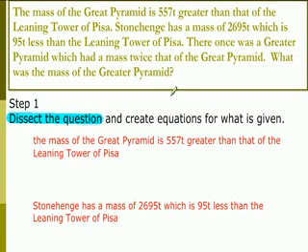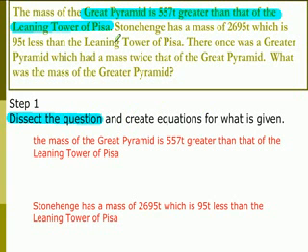Now, what we know is that the Great Pyramid is 557 t greater than that of the Leaning Tower of Pisa. So if the Great Pyramid is 557 t greater than the Leaning Tower of Pisa, that means we have to add because it's greater. So the mass of the Great Pyramid is 557 t greater than that of the Leaning Tower of Pisa.